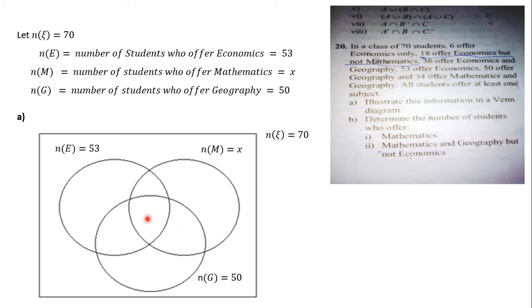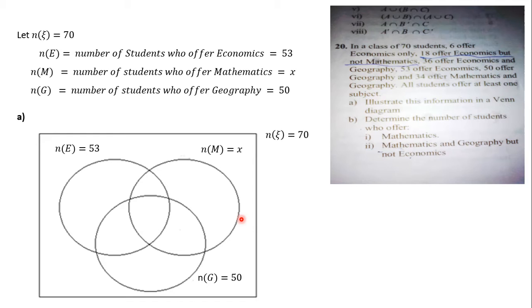Then the next one is the middle part, which is for those who offer all the three subjects. Then we come outside here, the parts outside the circles but inside the rectangle are those who offer none of the subjects. So they are outcasts.